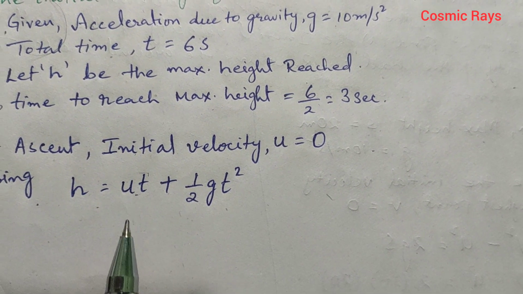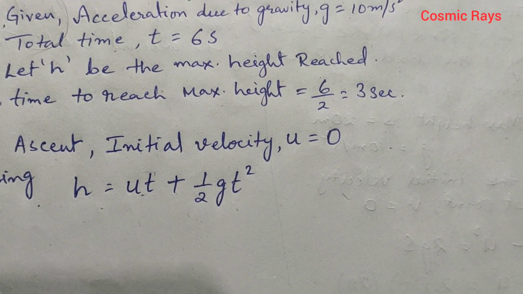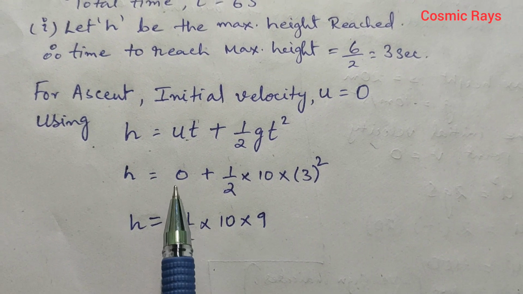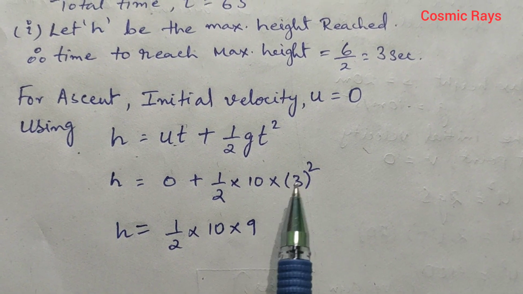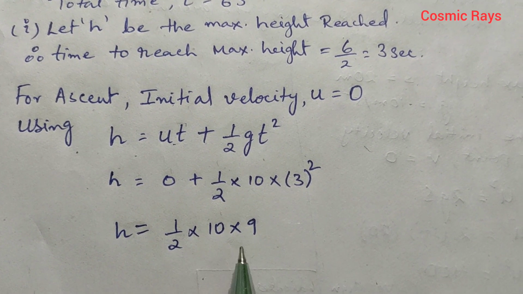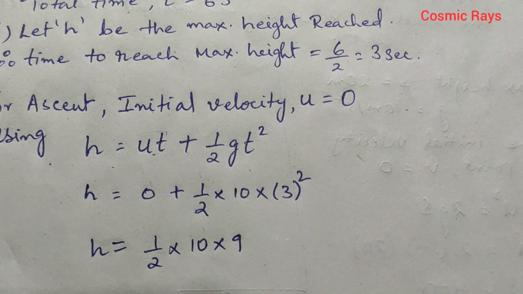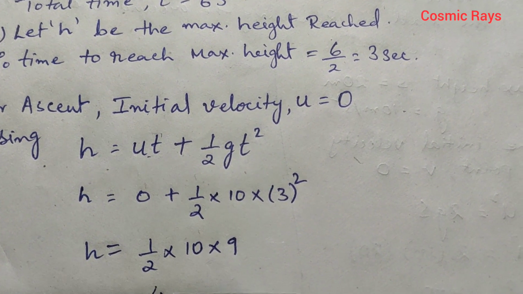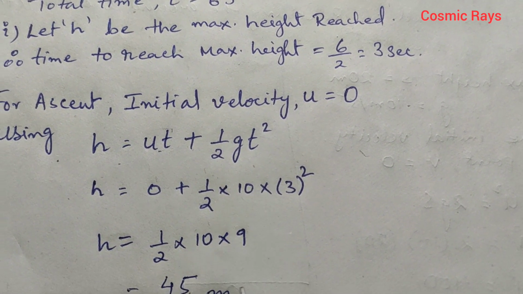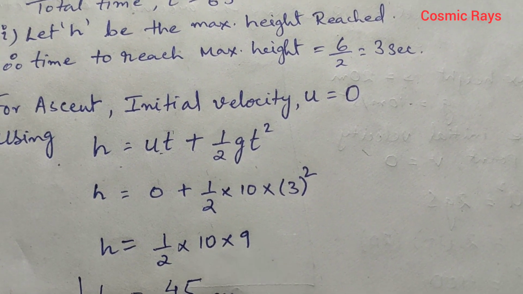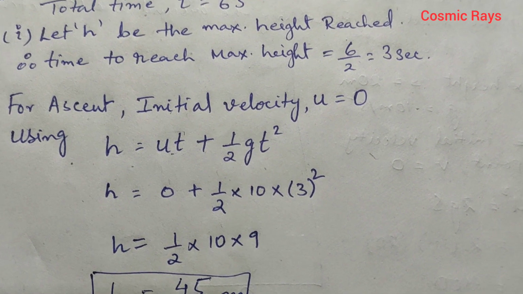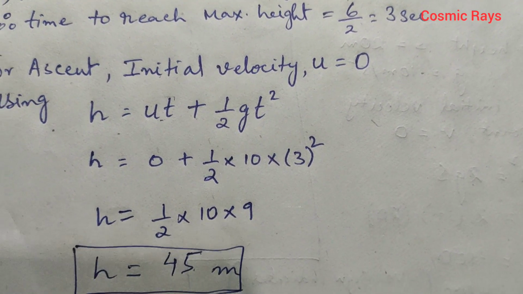We will be left with half gt square. So here we have half 10 multiplied by 3 square, that is half 10 into 9. 10 into 9 is 90, divided by 2 will be 45 meters. So this is the height that the ball will reach.